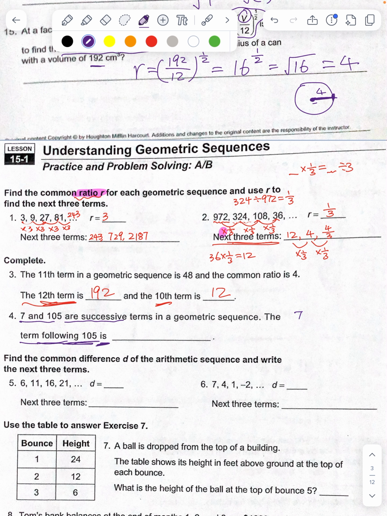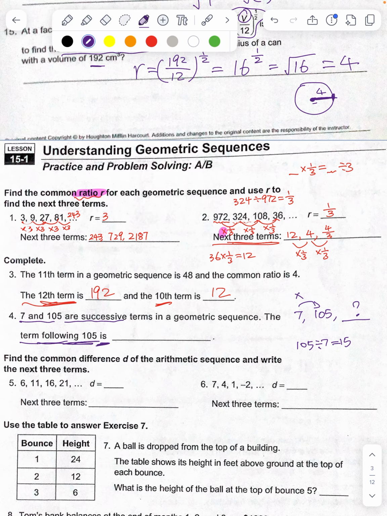So 7 and then 105, and we need to figure out the one after 105. 7 multiplied by what equals 105? We can use 105 divided by 7 to figure out the common ratio. 105 divided by 7 equals 15.